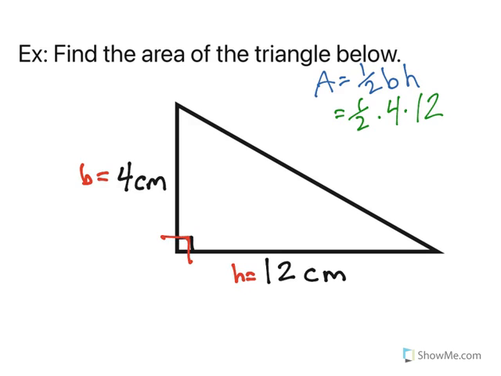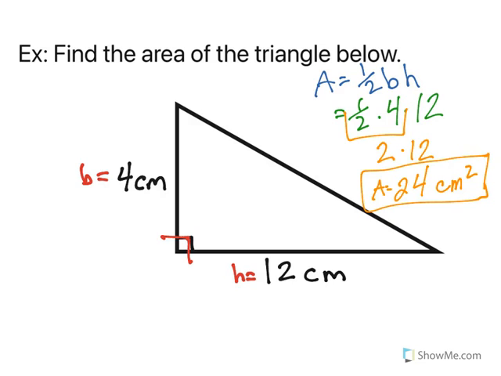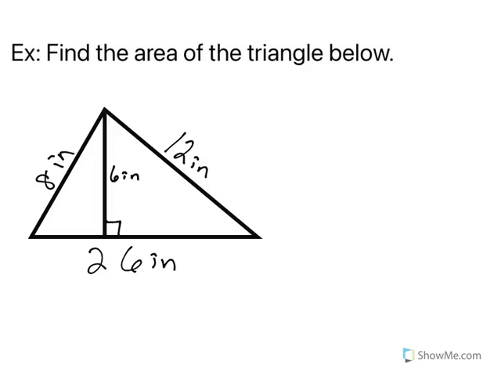Order of operations here, we're just going to multiply. Multiplication is commutative, so I can multiply in any order. 1/2 of 4 is 2. 2 times 12 is 24. Because we are dealing with area, we are in square units, so this is 24 square centimeters.